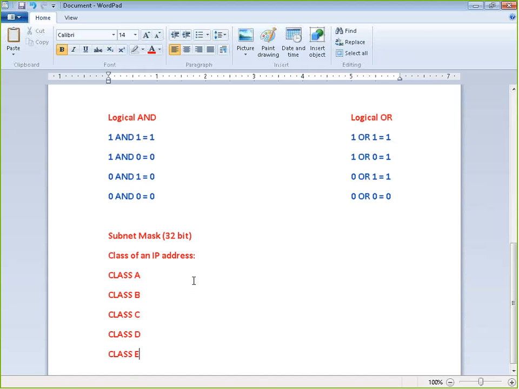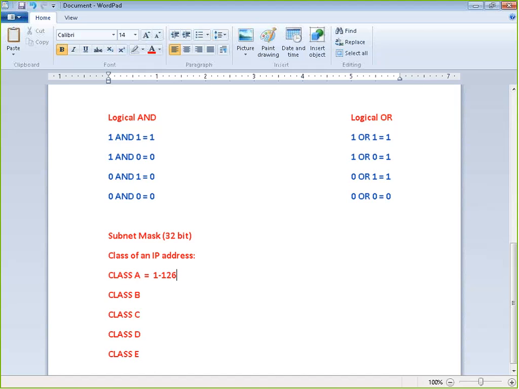For class A, the first octet of an IP address ranges from 1 to 126. In fact it is 1 to 127, but I'll just put it up as 1 to 126.